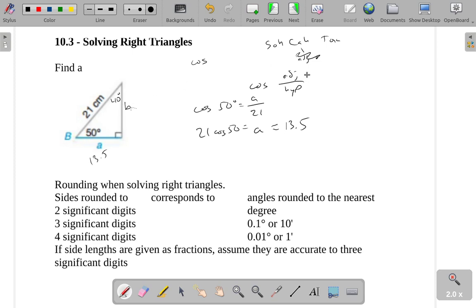Well, this 50, remember, sine is opposite over hypotenuse. So with this 50, that means the sine of 50 degrees is the length of the opposite side, which I'm calling B here, divided by 21. So without doing any sort of rounding before the end of the problem, I can then say B is equal to 21 times the sine of 50 degrees.